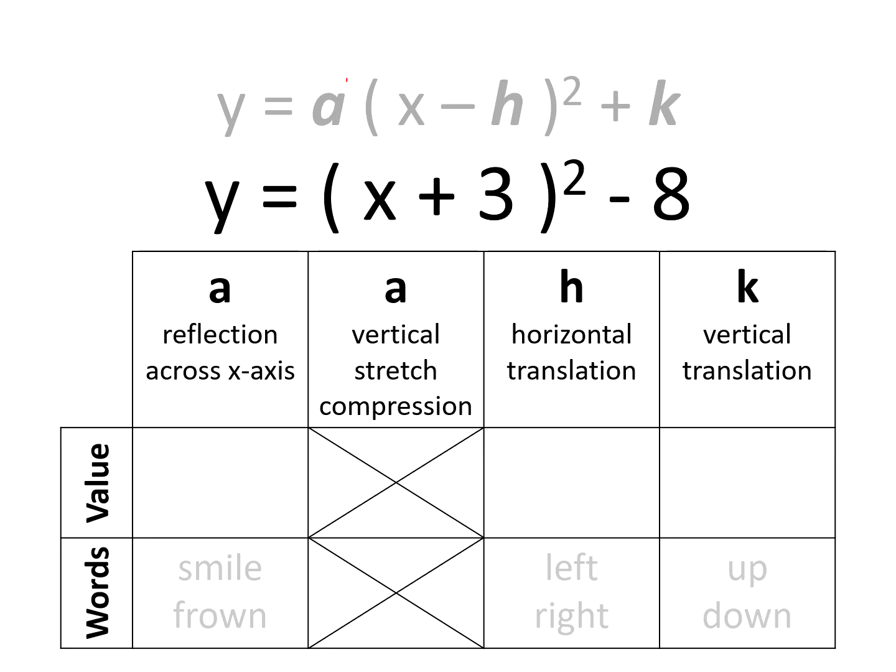In our second example, our a value is +1, which means our parabola is opening upwards or smiling. Over here, this looks like +3, but in order for it to be +3, it had to be originally -3 because 2 negatives make a positive, which means our original h value was actually -3, which means our parabola has been translated 3 units to the left since this is a negative value.